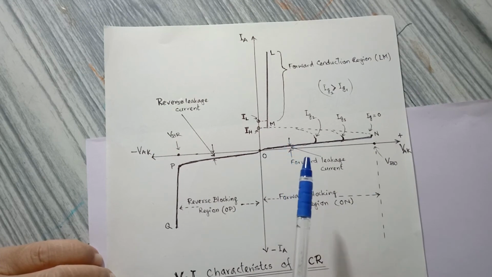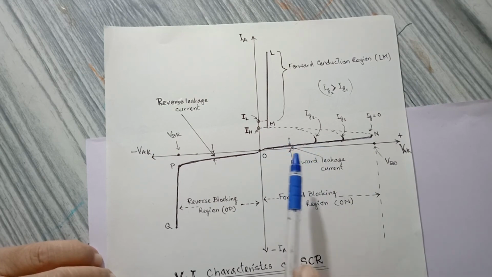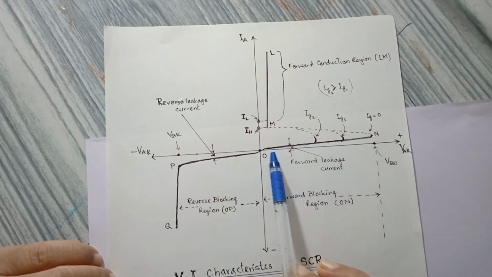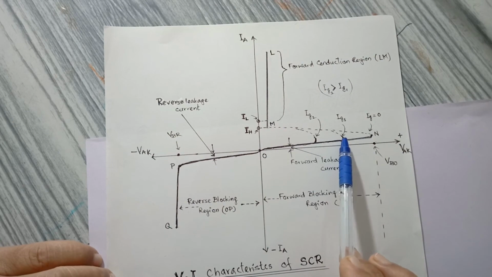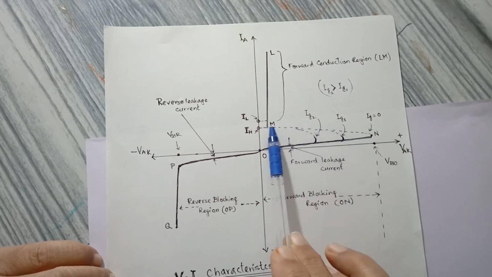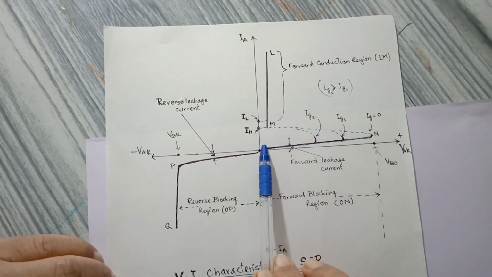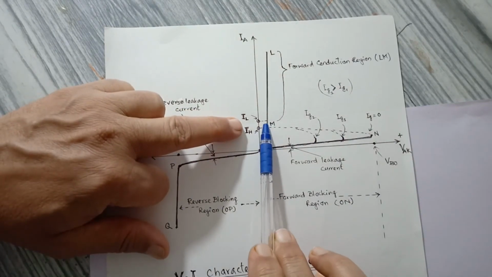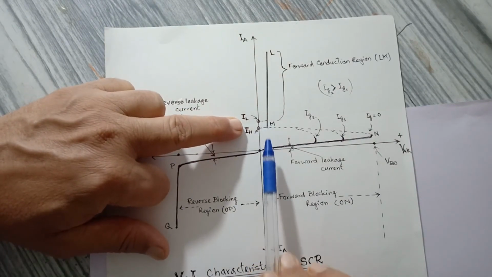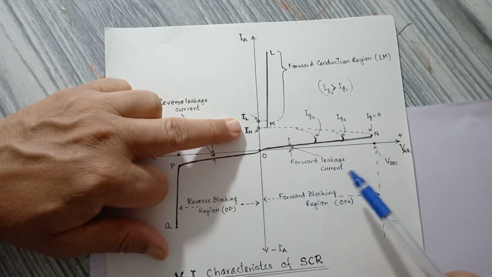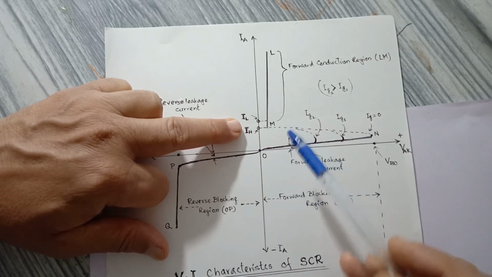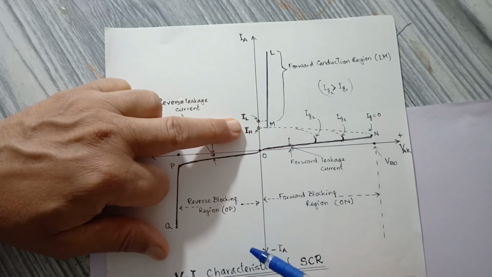Now while turning on, when a particular voltage is reached, the SCR fires, but every SCR requires a minimum anode current that must flow to take this SCR from the blocking region to the conduction region permanently.